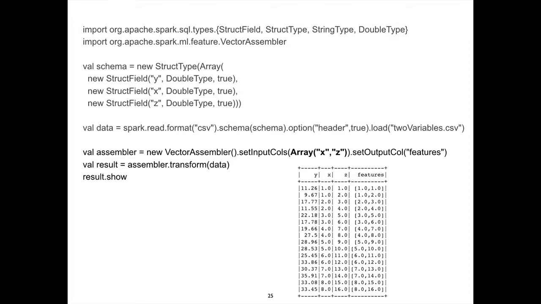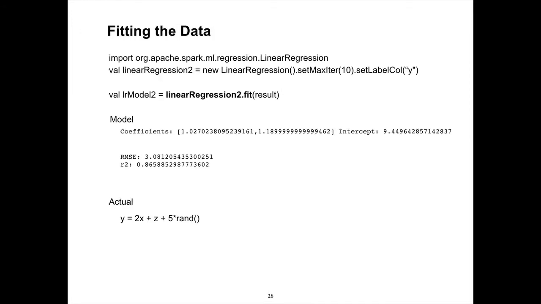Again, I have to read the input, so my schema, then I use the vector assembler, and I give it my two independent variables, and then there's my feature set. And I can then look at the coefficients.